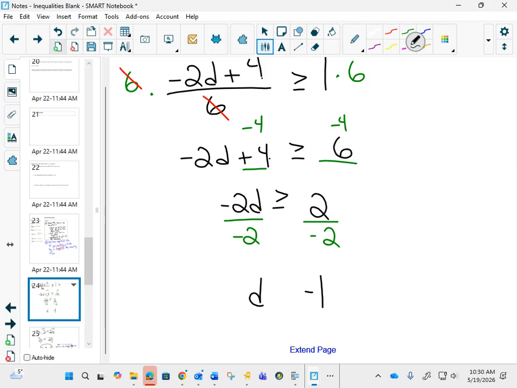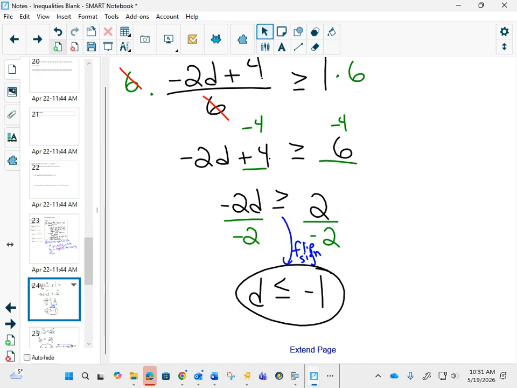And do we flip the sign or do we keep it the same? This time we have to flip the sign. And we get D is less than or equal to -1.